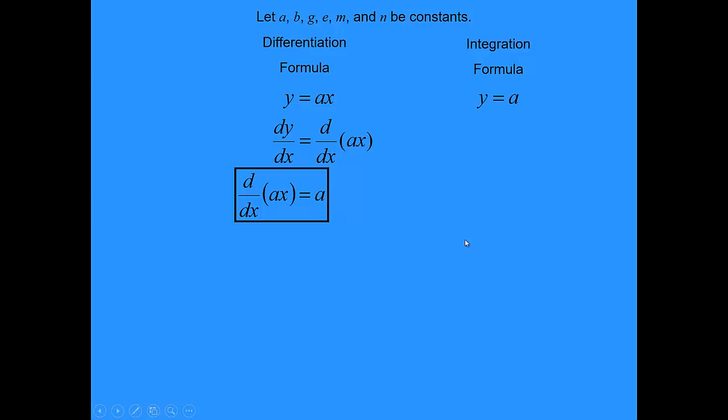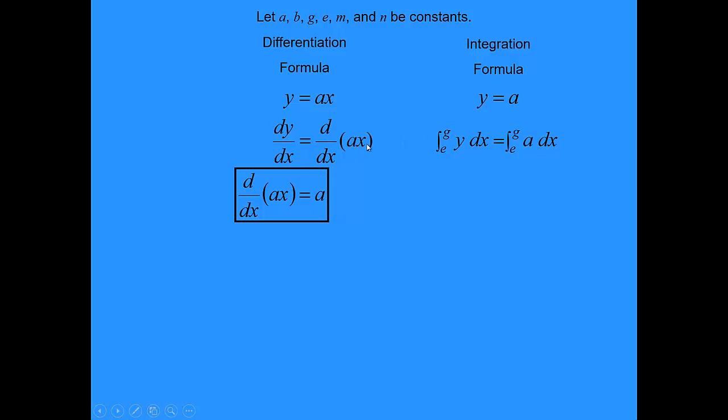Integration. Let's go backwards, the inverse, if you will. What if we have a constant function, y equals a, and a is just a constant? What would the integral of that be? Well, the integral of y with respect to x, evaluated from e to g, and I don't really care about these limits of integration here, I'm just writing them in for the formula, is the integral of a with respect to x from e to g. Look at these.